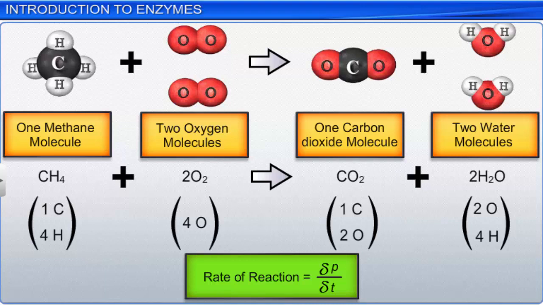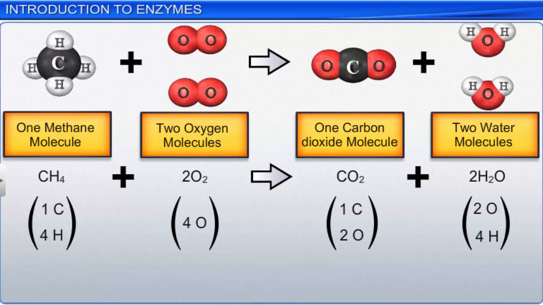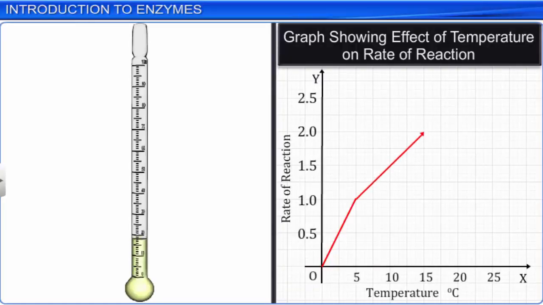Various factors such as temperature and pressure influence the rate of reaction. This rate generally doubles or decreases by half for every 10-degree change in temperature in either direction.